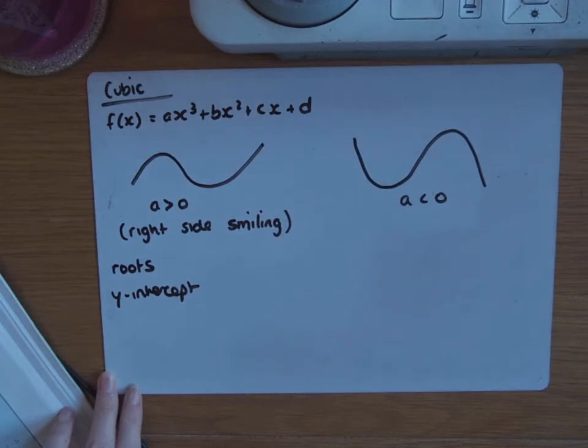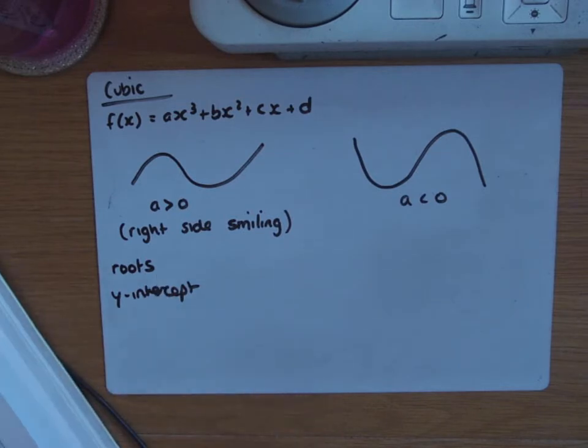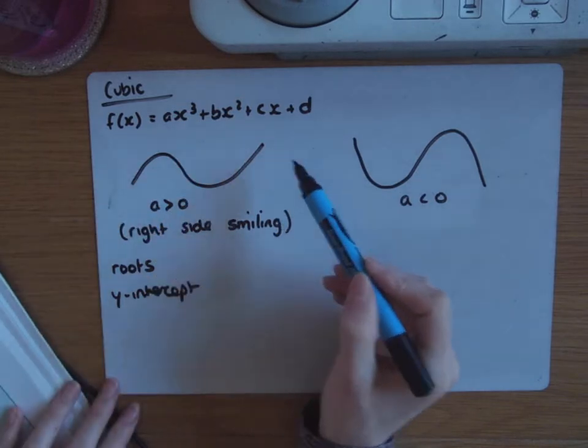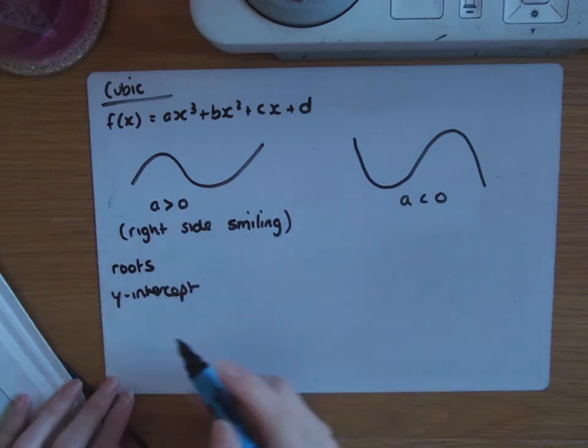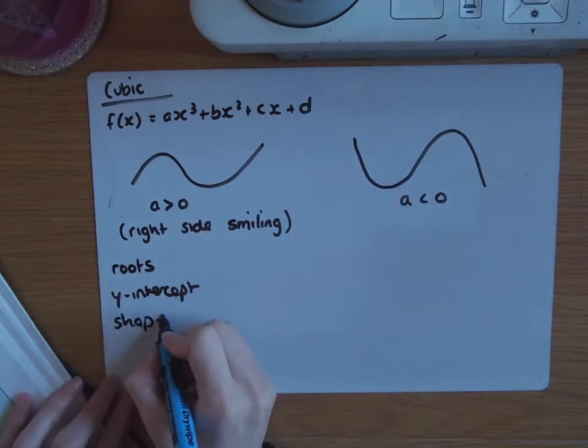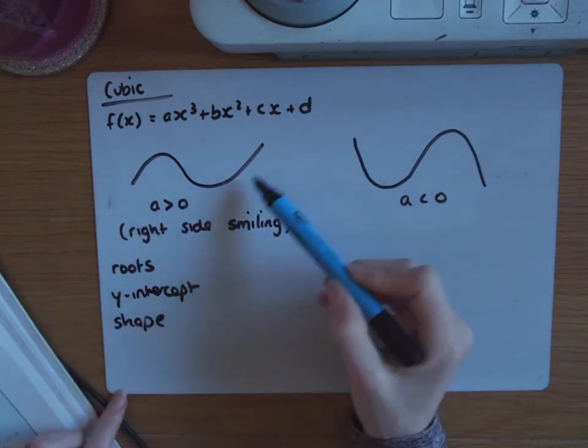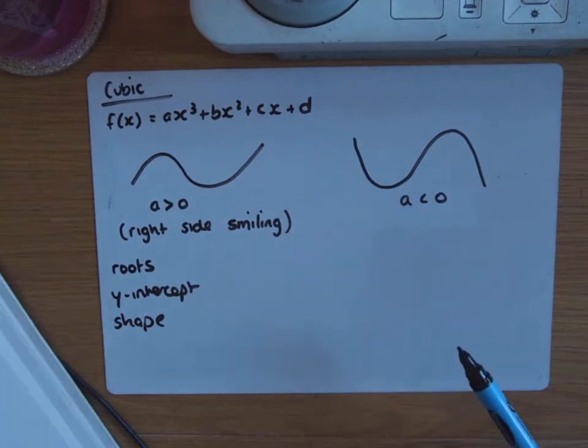So in the questions that are following we're not going to be using the max and the min points, because we haven't done calculus yet. So the roots and the y-intercept are all we're interested in now to give us an idea, and obviously the shape. You need to know whether it's a positive cubic or negative cubic. So let's do another example.